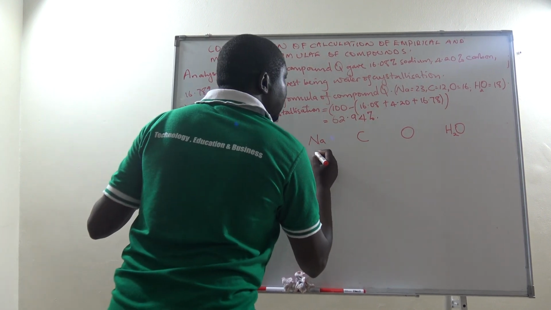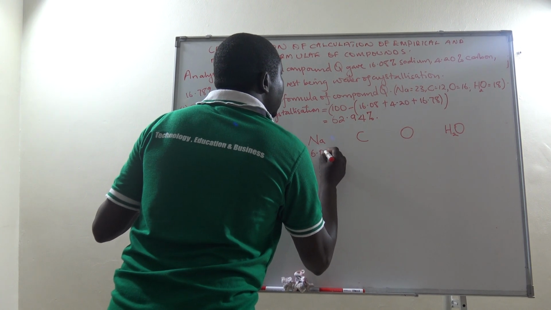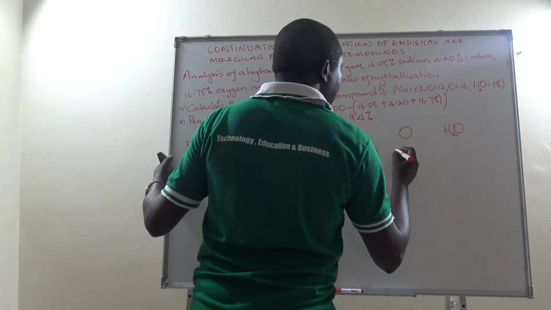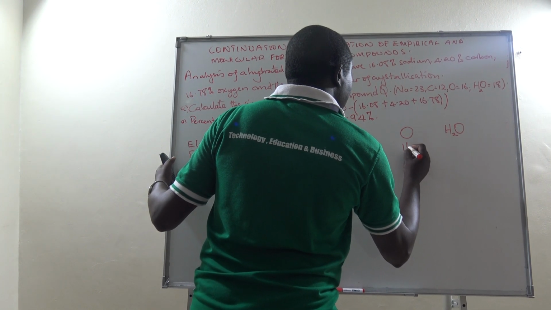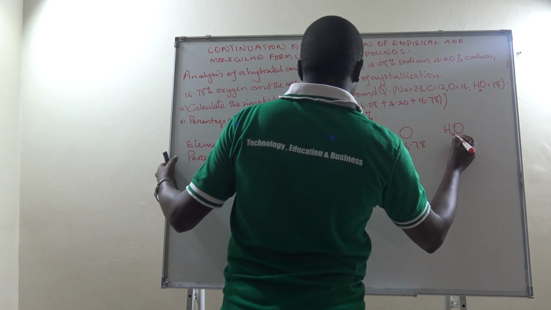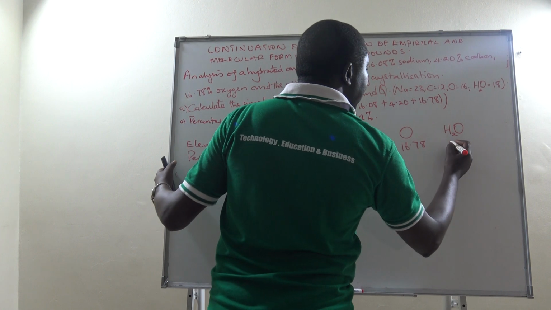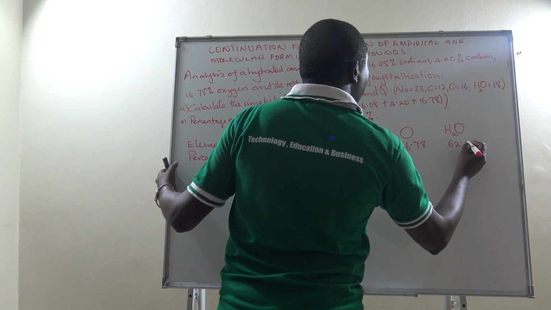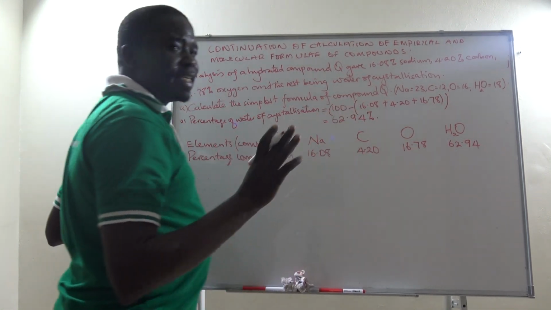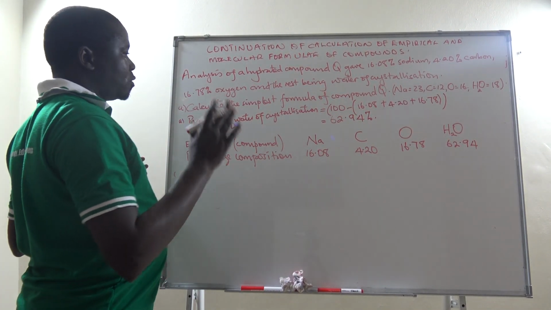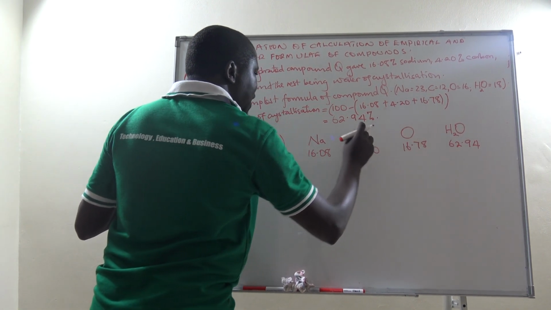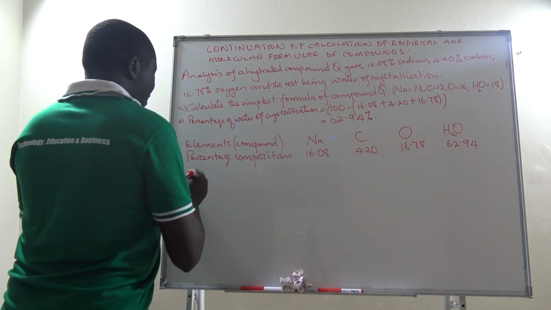For sodium, it is 16.08%, carbon is 4.20%, oxygen is 16.78%, and then water of crystallization is 62.94. If you add these together, you are sure of getting 100. So the percentage composition of all these combined gives us exactly 100.